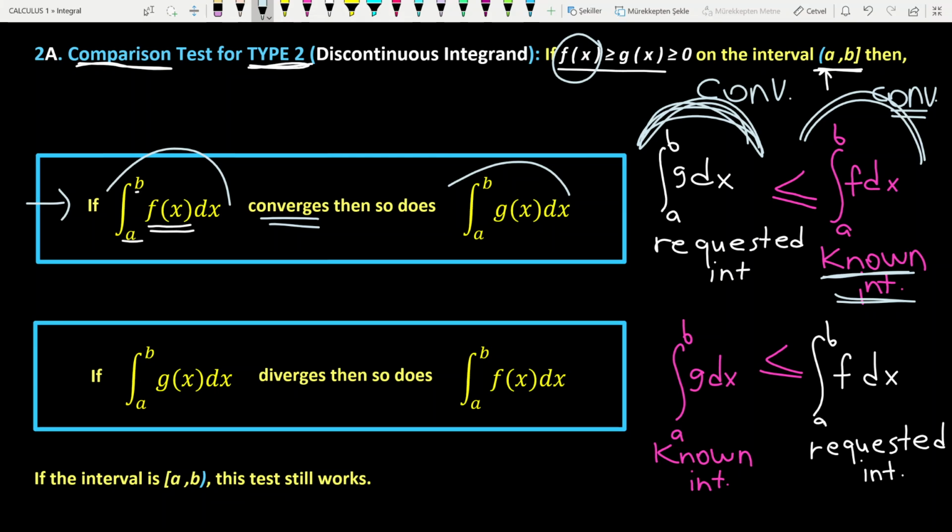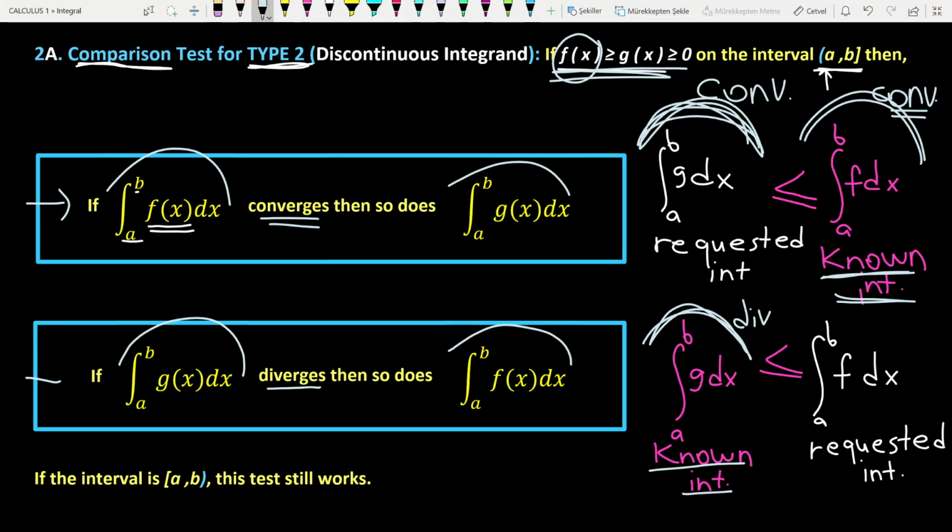Look at the second case. Again, considering these inequalities. Assume that improper integral of g diverges. In this case, improper integral of f also diverges. We have a known integral. We know that the smaller one diverges.